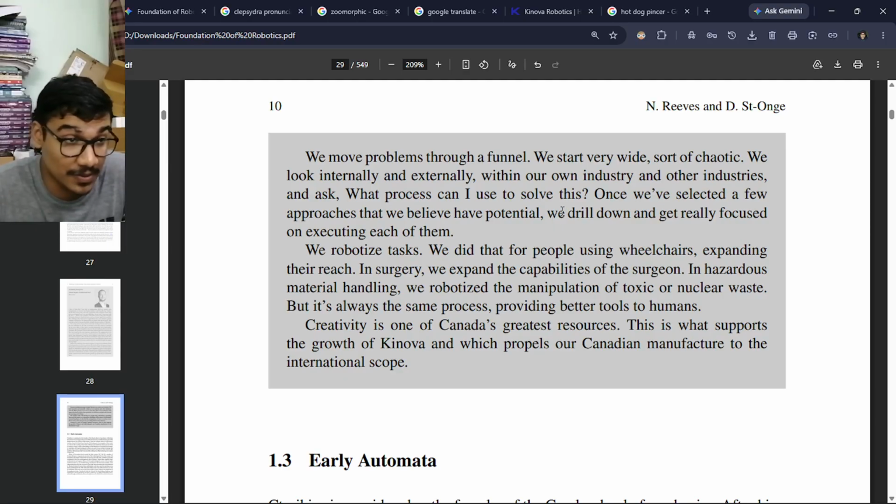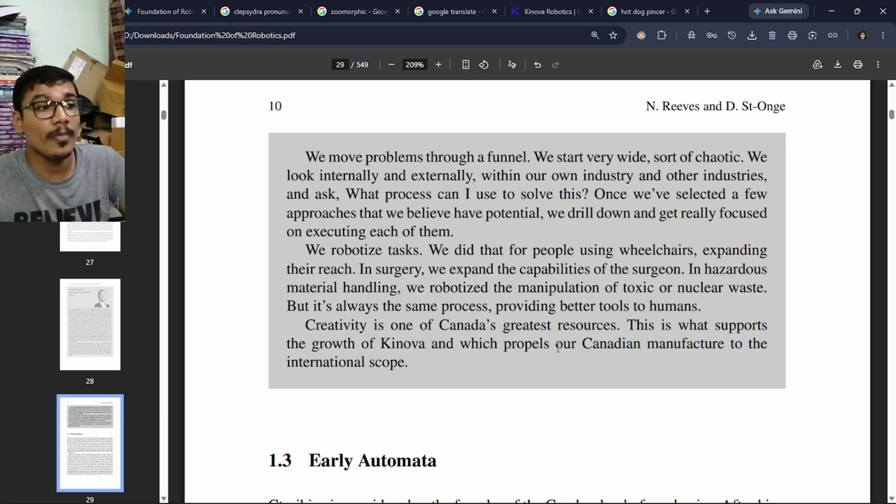We robotize tasks. We did that for people using wheelchairs, expanding their reach. In surgery, we expanded the capabilities of a surgeon. In hazardous material handling, we robotize the manipulation of toxic or nuclear waste, but it's always the same process, providing better tools to humans.